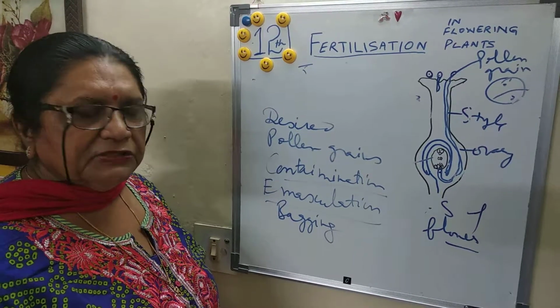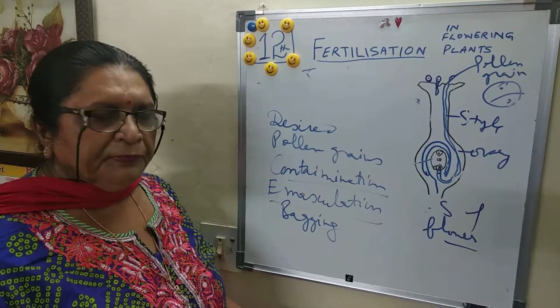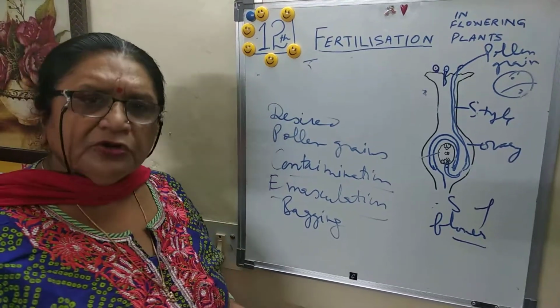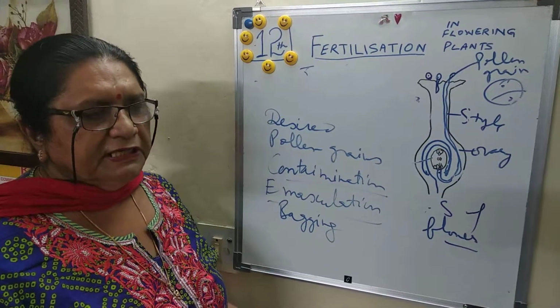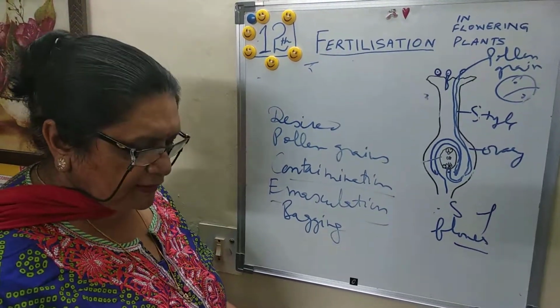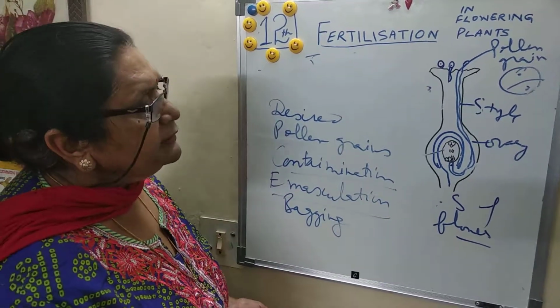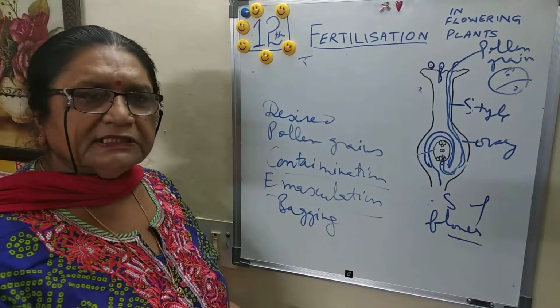That is called artificial hybridization, done by human beings to improve crop production, so that better, more yielding varieties of plants are formed, giving high yield production. I think it's clear. Thank you.